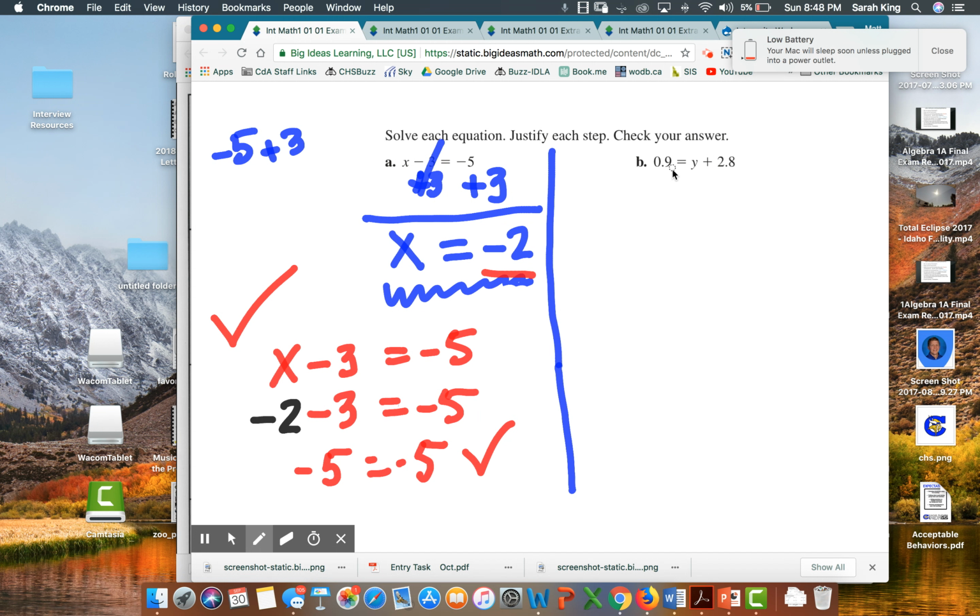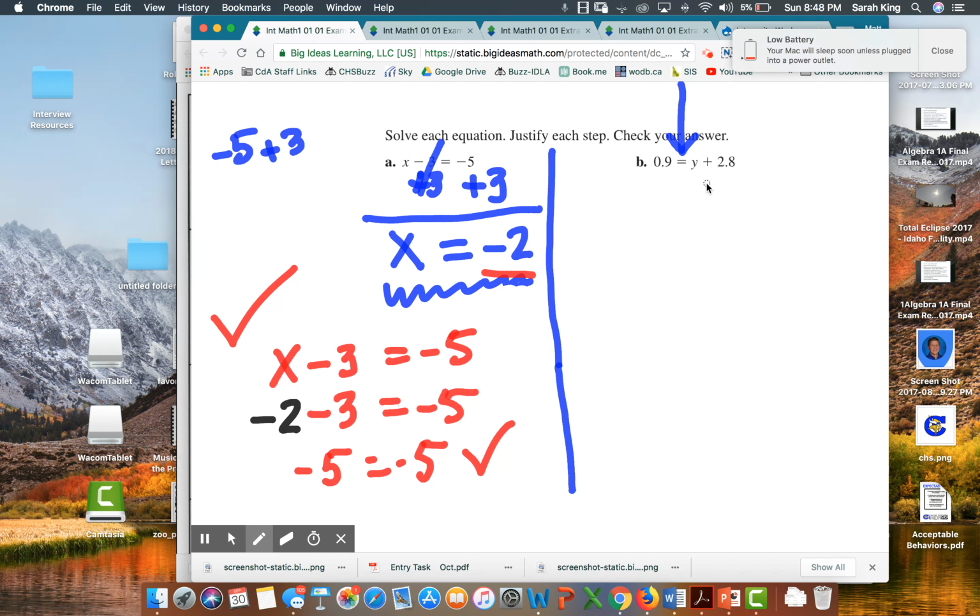Part B has some decimals in it. Even if my variable is on the other side over here, no big deal. By sides, I mean that the equal sign is separating the sides. This side needs to equal this side at all times.